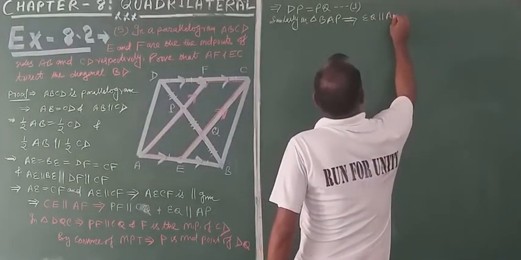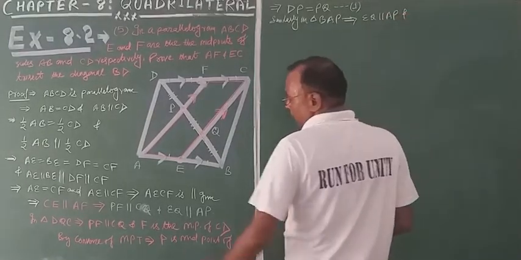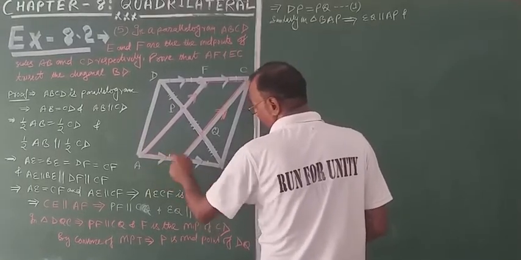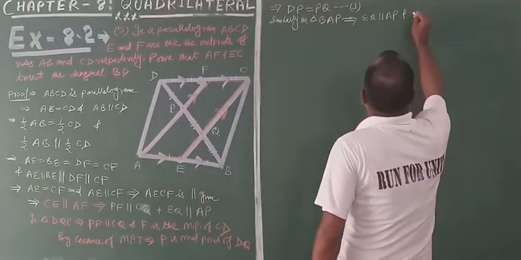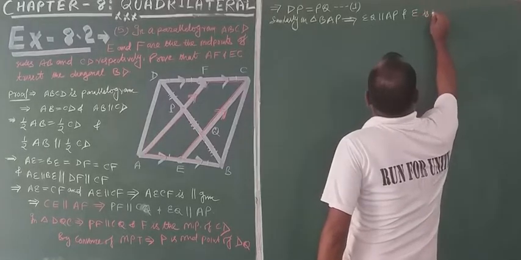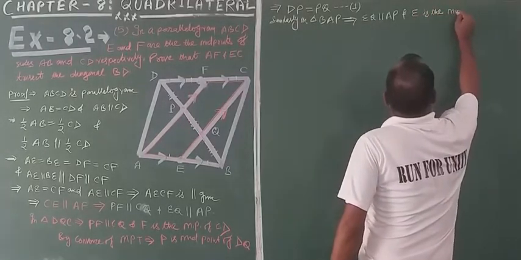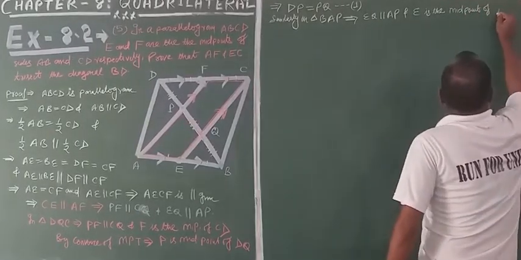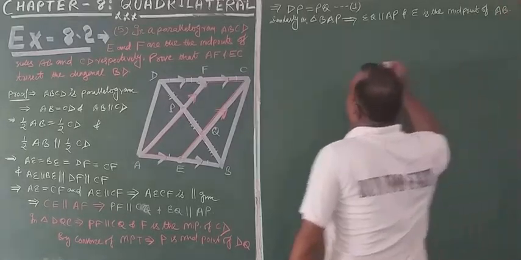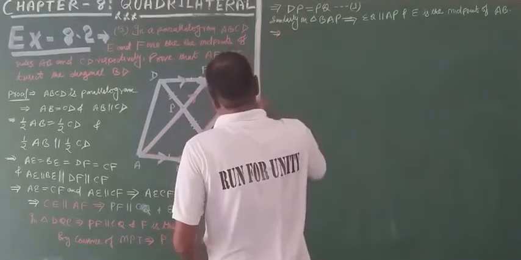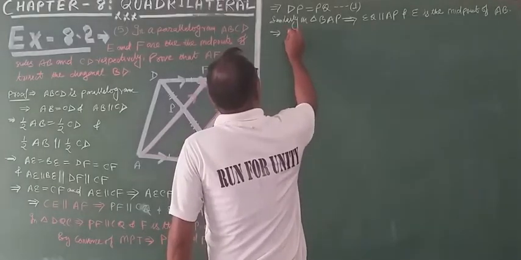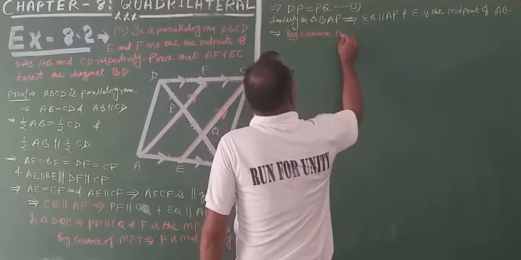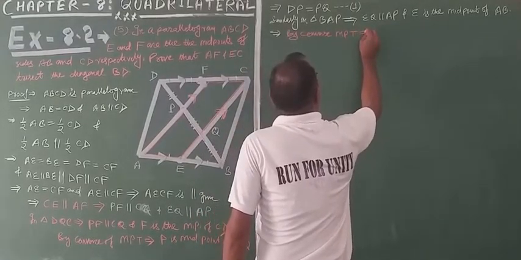EQ is parallel to AP, and E is the midpoint of AB. If this is the midpoint, then by converse of MPT, what will happen?